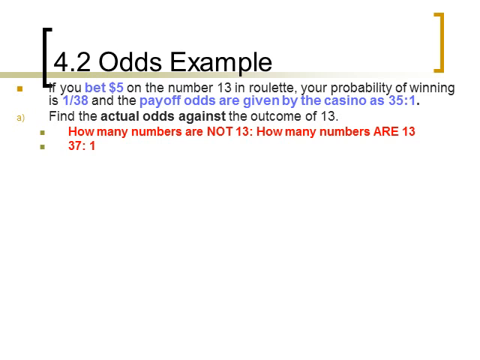So we know that there's 38 total numbers on the roulette wheel, so we would have 37 to 1 as being the actual odds against the outcome of getting 13. Notice that when we have 37 to 1, if you add 37 and 1, you get 38 total. So when you set up an odds fraction, you should check it, because if you add the two numbers together, you get the total, whereas in a probability question, the total is always on the bottom of the fraction.